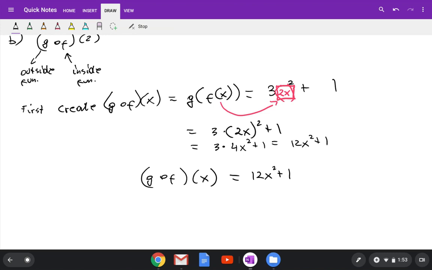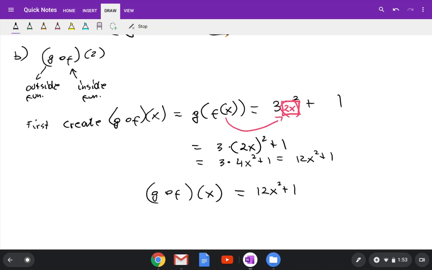Okay. So now I'm going back to the problem. They ask you to evaluate G composed with f when the input is 2. So G composed with f when the input is 2, what you're going to do, you're going to replace x with 2.